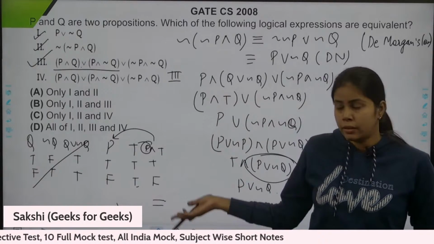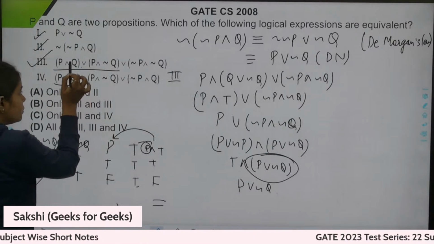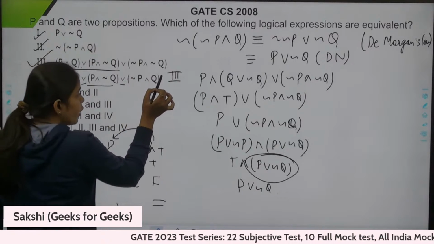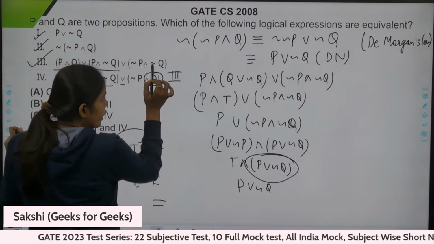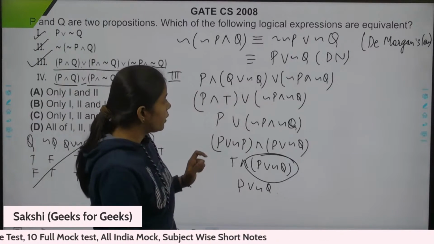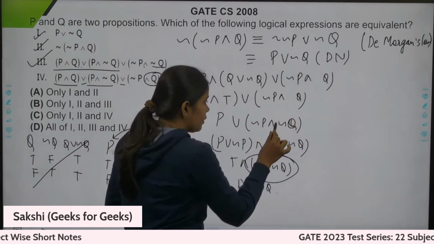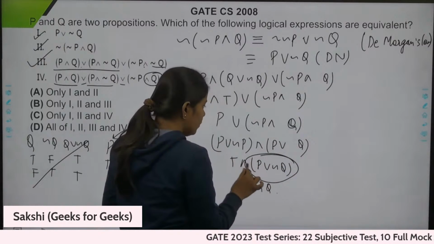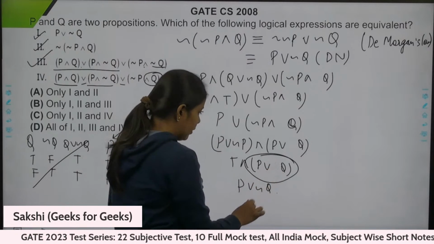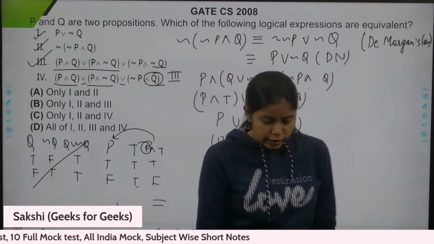I haven't solved it, right? Because I have seen here that this P and Q is the same, P and negation Q is the same, the or sign is the same. We have just one sign difference here. We have negation Q here, and here we have Q. So if I make a small change and convert it to the fourth one, we are left with P or Q, which is not equivalent to the third statement.